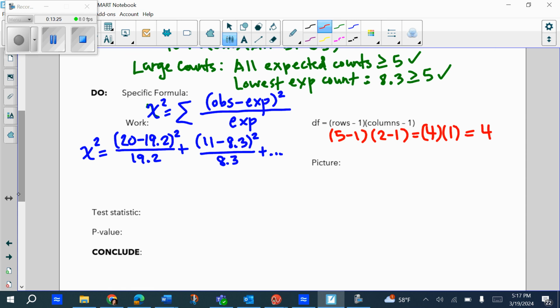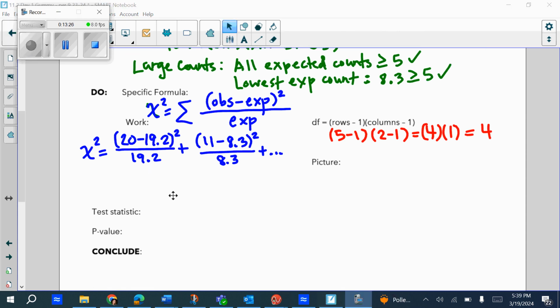Okay, so to do this in the calculator, go ahead and get out the directions that I gave you on the first day of this lesson that has the directions for entering a chi-square test into the calculator, into the Inspire. And then also go ahead and clear your calculator.